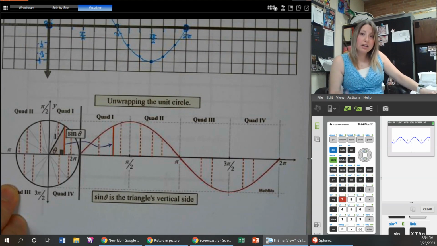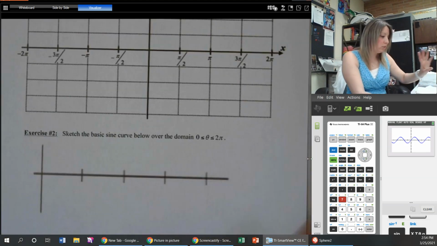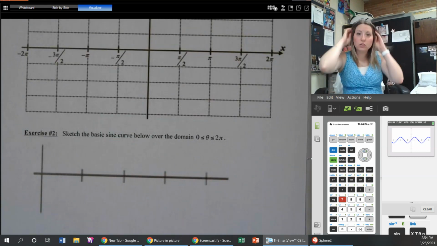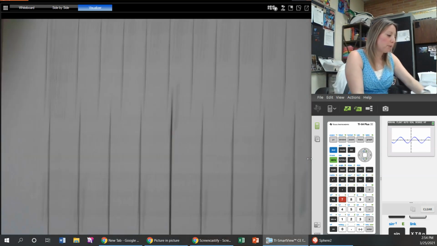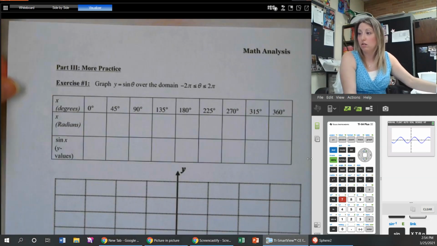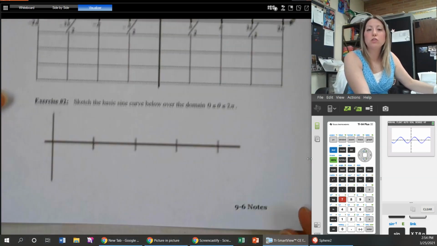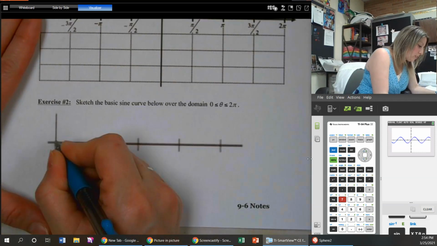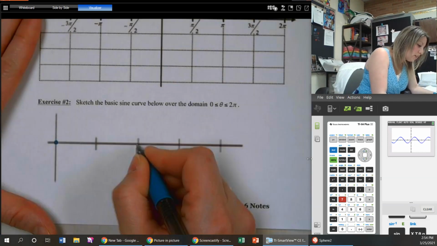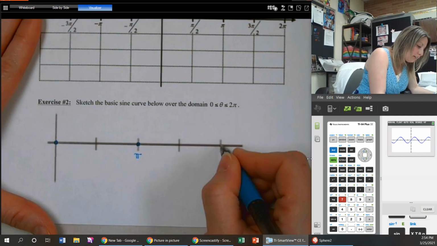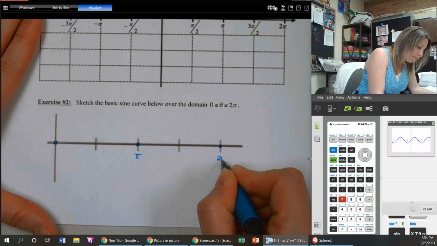So if I ask you to sketch the basic sine curve, so I'm kind of skipping this one right now because that's going to be what you do for your homework, all right? But if I ask you to just sketch the basic sine curve, the very basics of the sine curve get you back to 0 at pi and at 2 pi.